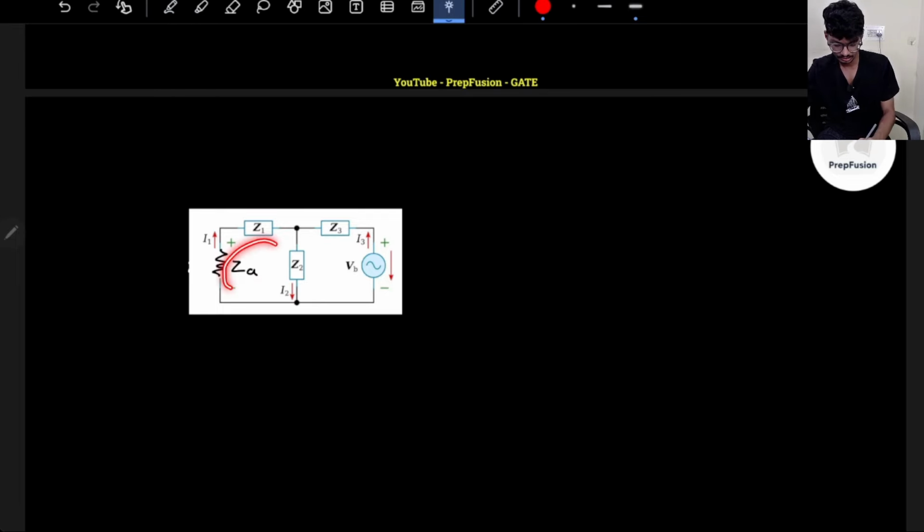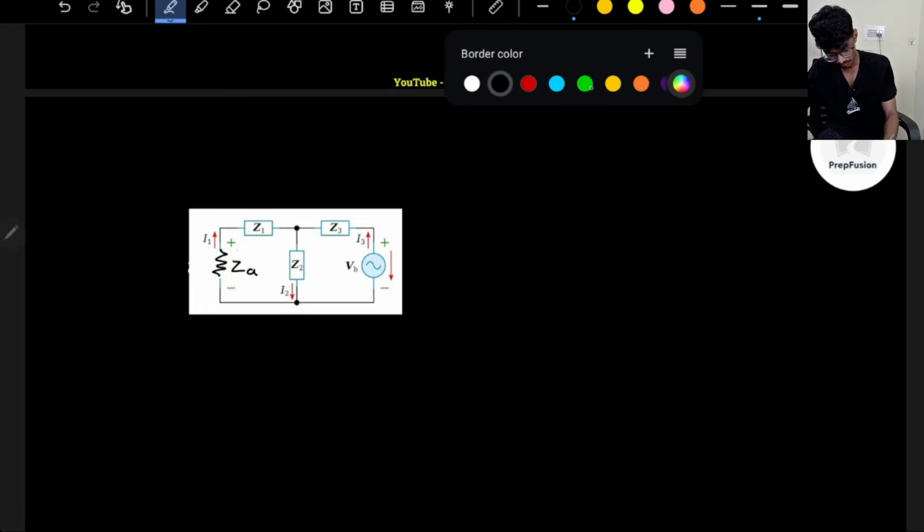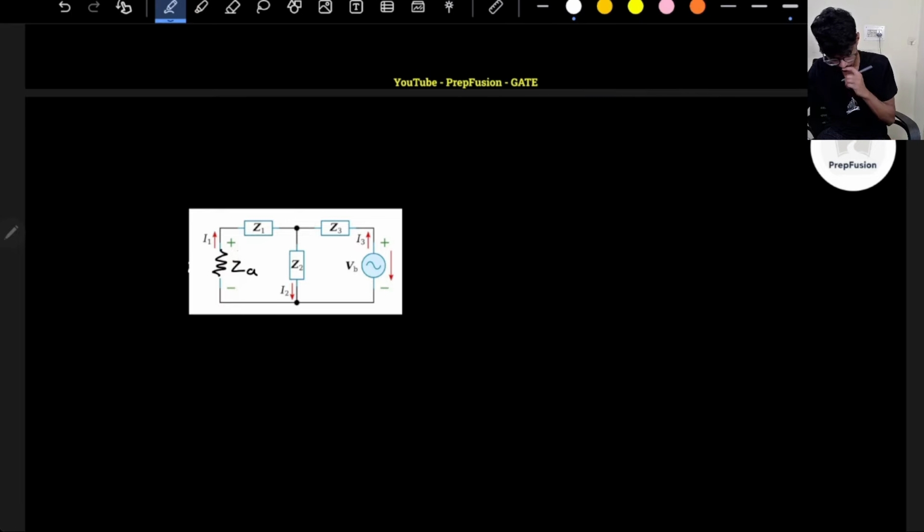Then the current I2 double dash will be only a function of VB.